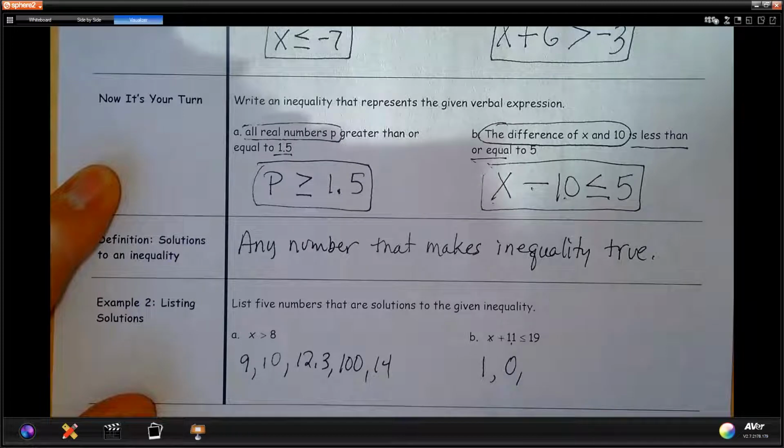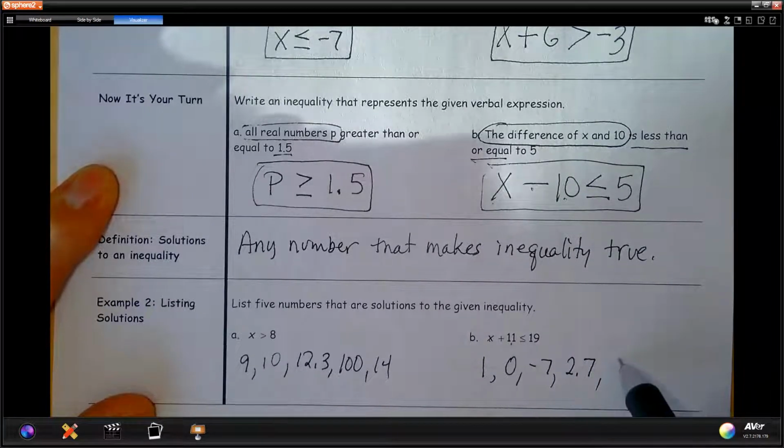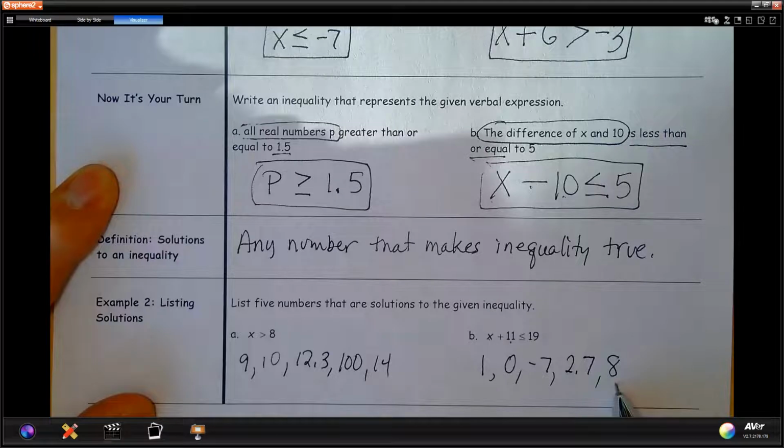Or 0, or -7, or 2.7. Okay, what if I add 8? 8 plus 11 is 19. Is that less than or equal to 19? Sure. So those are 5 numbers that are solutions to this inequality.